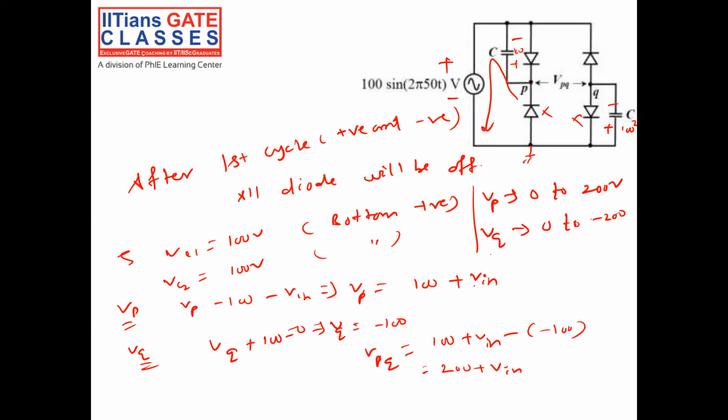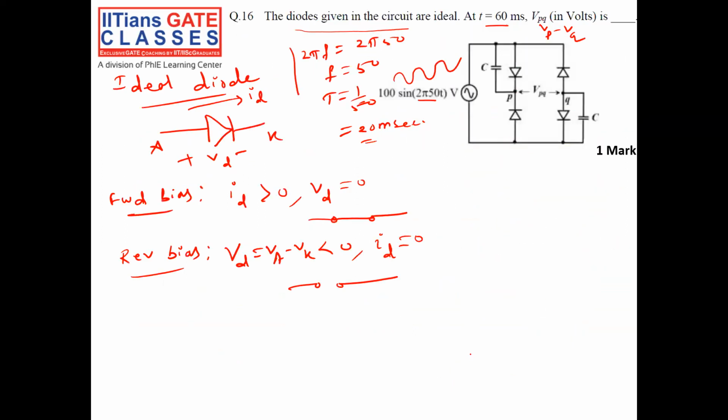Okay. But now Vpq is 200 plus Vin. Now what is the question? Vpq at 60 millisecond, right? 60 millisecond means first cycle, second cycle, then third cycle. Exactly at this point, right? At this time. So Vpq is equal to 200 plus Vin.